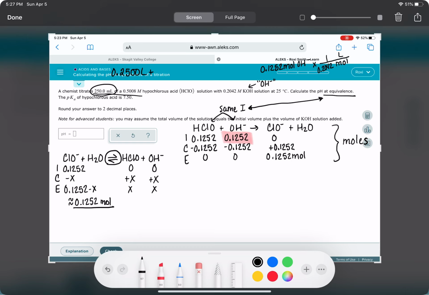So that gives us 0.1252 divided by 0.2048.